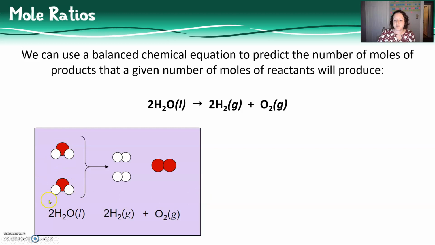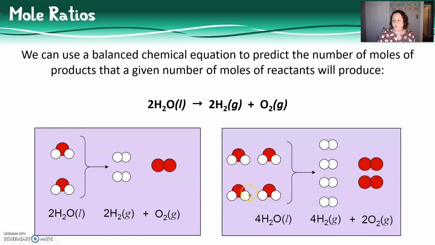So the 2 molecules of water becomes 4 molecules of water. The 2 molecules of hydrogen becomes 4 molecules of hydrogen, and the 1 molecule of oxygen becomes 2 molecules of oxygen. With simple whole number factors, we can simply scale up the molar coefficients to get a new molecular picture for the molecules in the reaction.